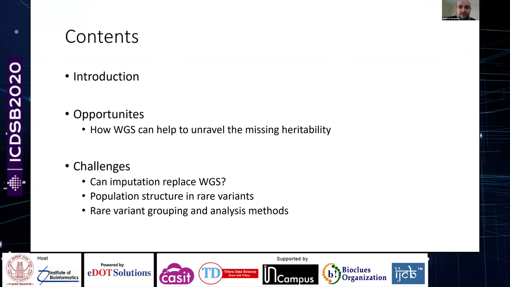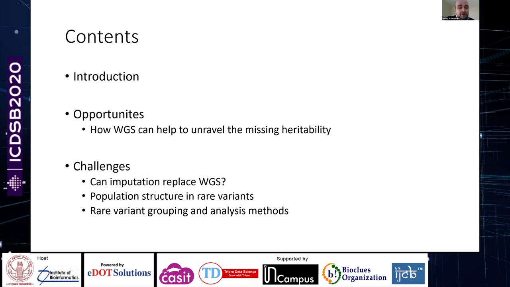So first, I will give a brief introduction. Probably I'll do it very fast because the audience is familiar with this type of data. But I'll talk about what exactly is whole genome sequencing, how it is different to other techniques, sequencing and genotyping, and what are the costs associated with whole genome sequencing.